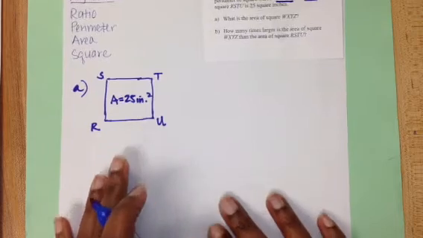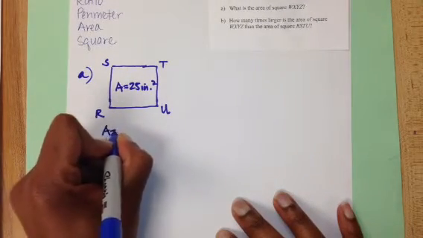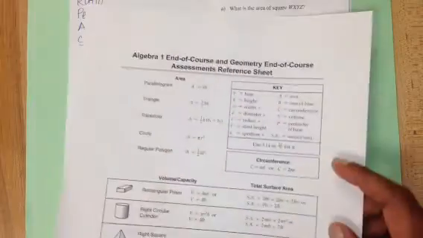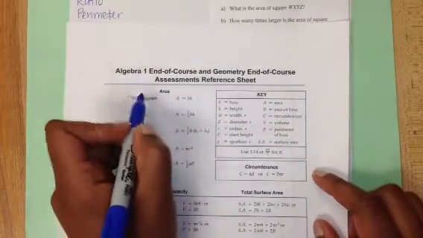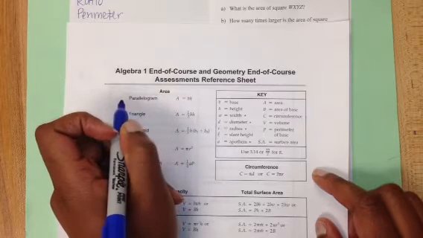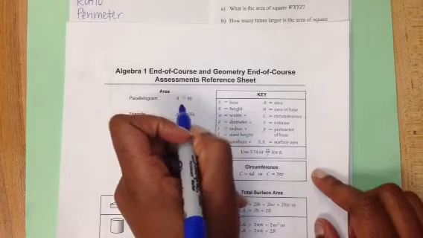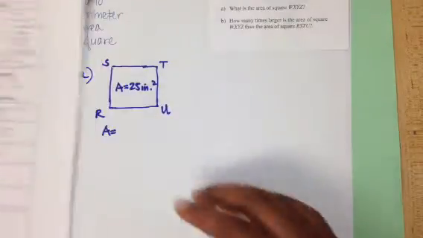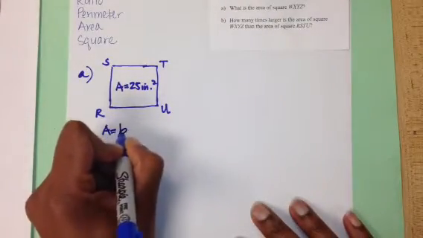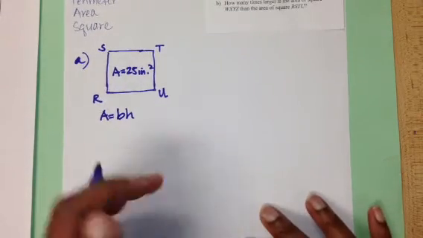Let's go back to the area of a square. We can find that on our reference sheet. As stated before, it's under parallelogram. Remember, a square has 2 pairs of parallel sides, so it is a parallelogram, and we can use the formula A equals BH. In this problem, we do not have the sides. We only have the area.